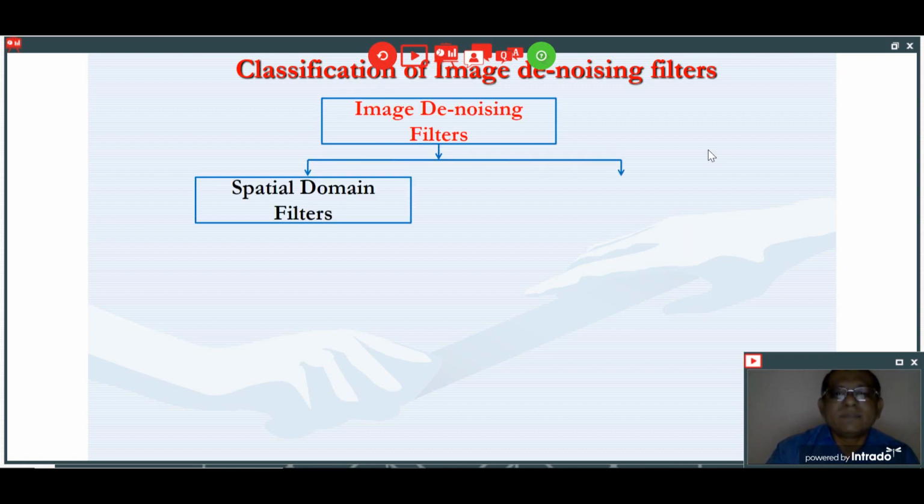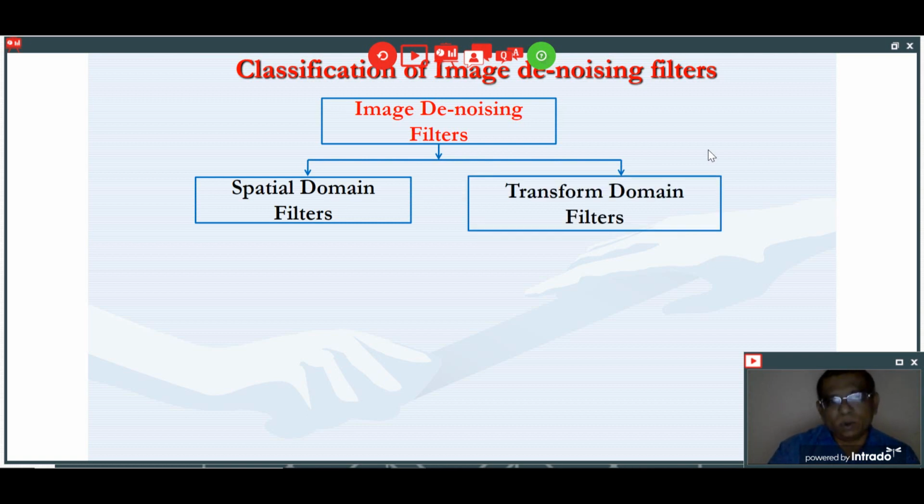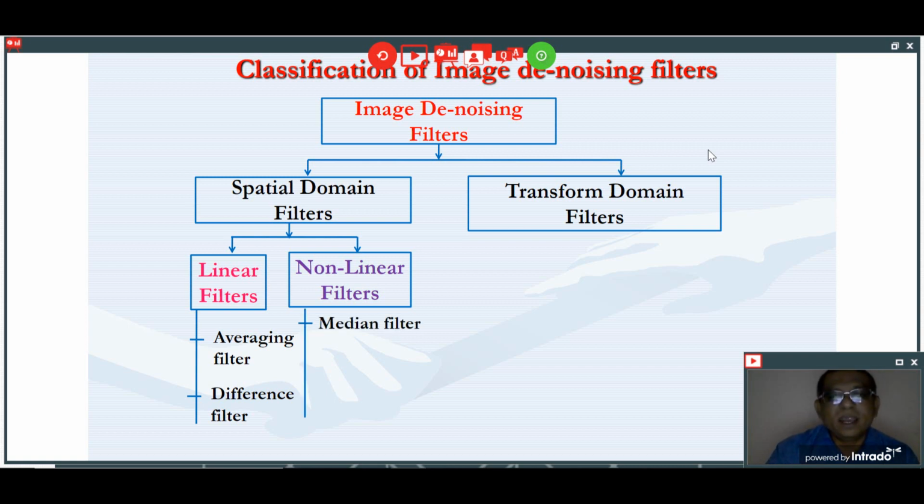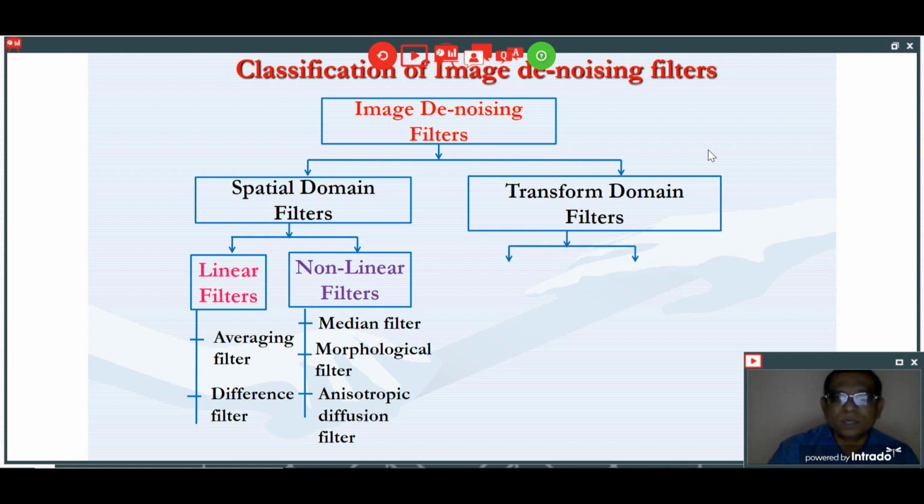These we can broadly classify into two categories: spatial domain filters and transform domain filters. In spatial domain filters, we have two broad classifications: either a linear filter or a non-linear filter. In linear filters, there are two: one is low pass, the other is high pass. Technically, they are given as averaging or difference filters. Non-linear filter classic examples are the median filter, morphological filter, and anisotropic diffusion filter.